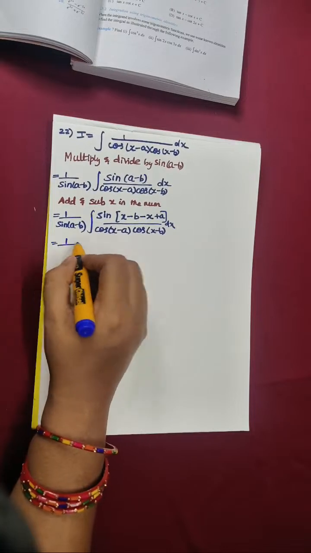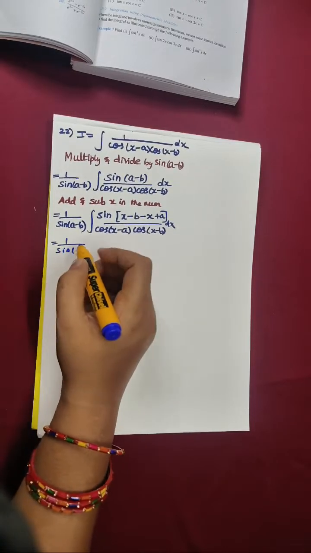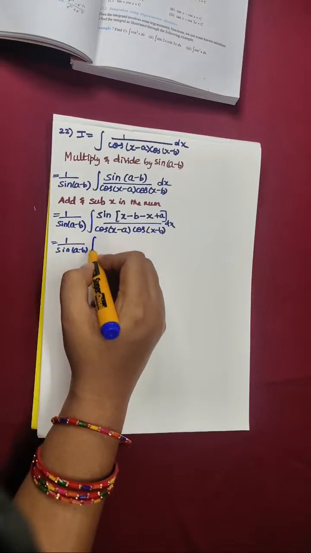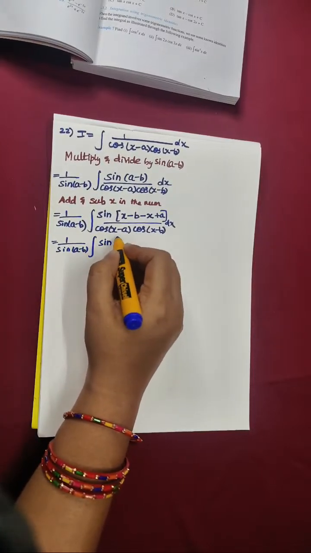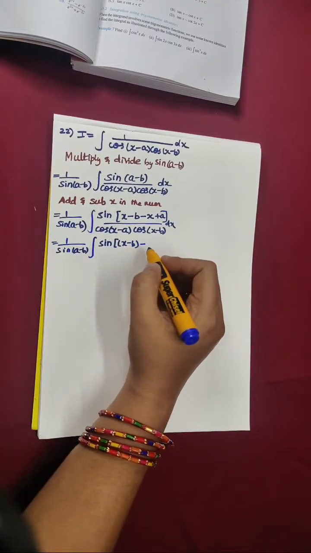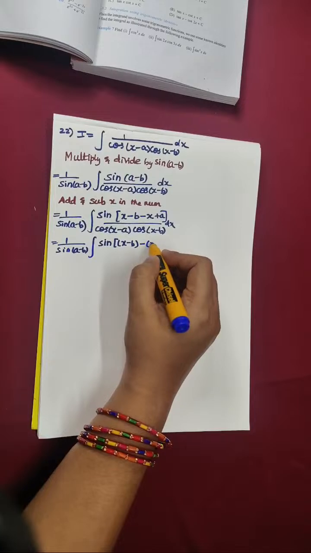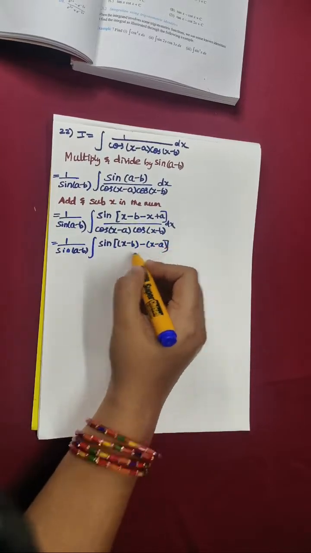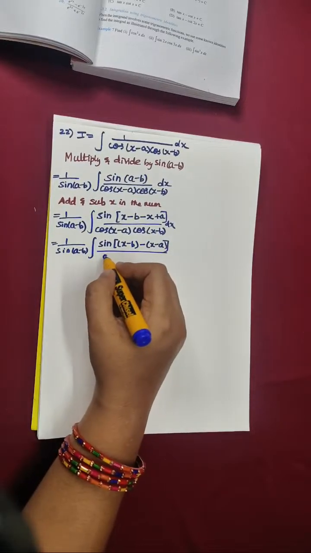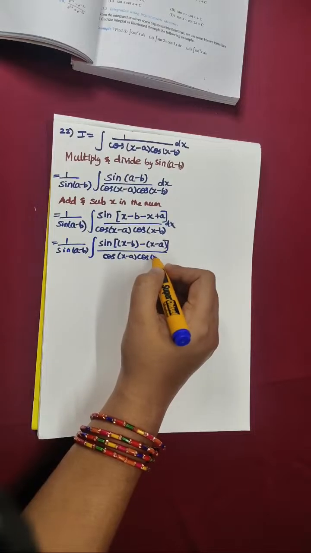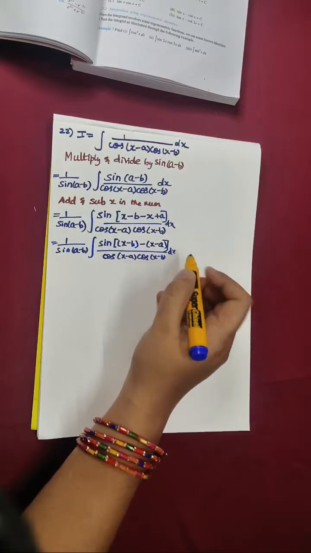So 1 by sine of a minus b into integral, combining x minus b as it is, and taking minus out, so x will become positive and a will become negative. Now this is of the form sine of a minus b. What is the formula?